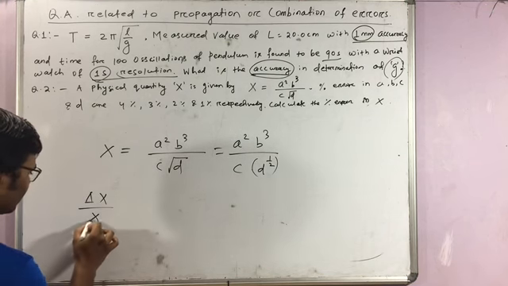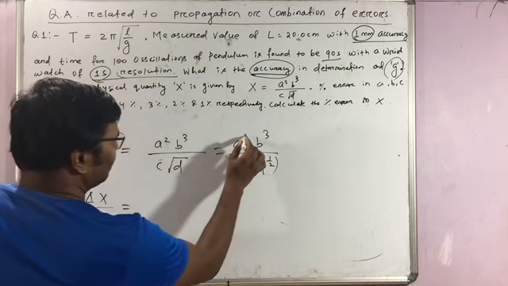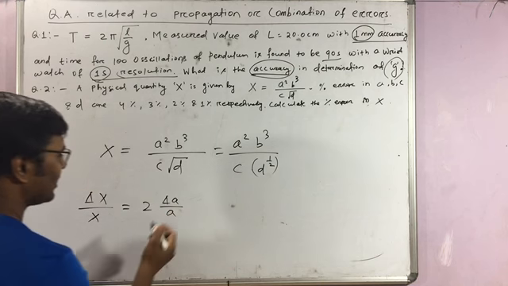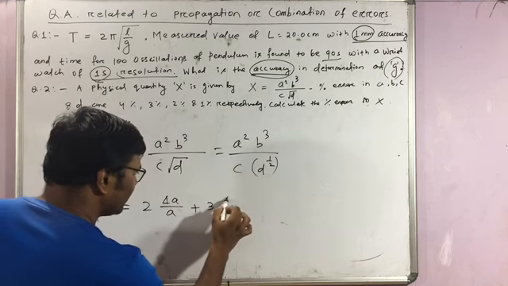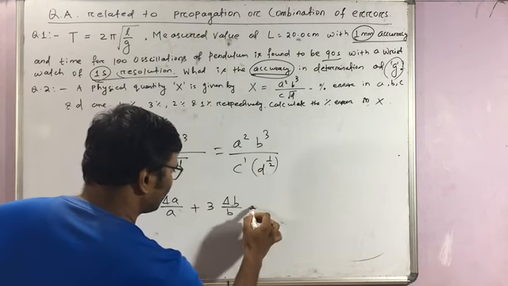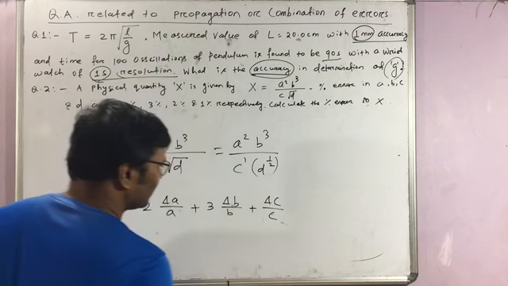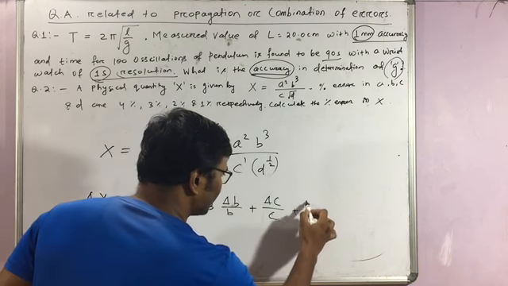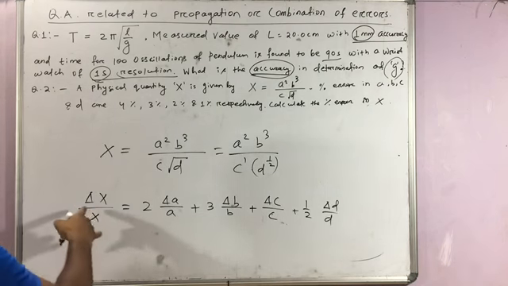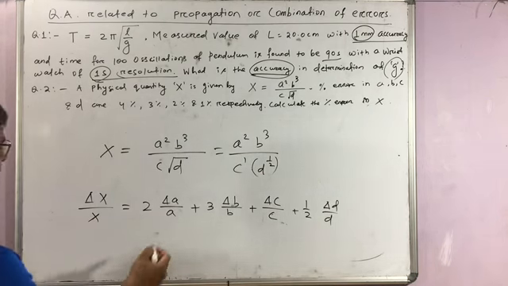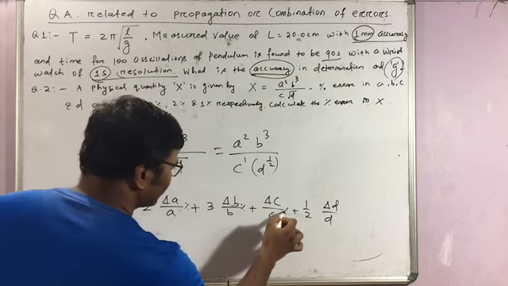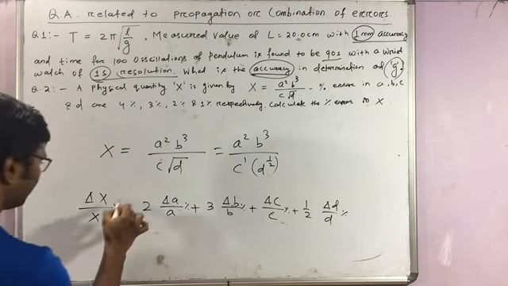Delta X upon X will be given by, as the power of A is 2, 2 into the relative error in A, which is del A by A, plus the power of B is 3 into del B upon B. Here the power of C is 1, so plus del C upon C. Power of D is 1 by 2, plus 1 by 2 del D by D. If you convert all the terms into percentage error, you simply multiply by 100, and this would be the percentage error.